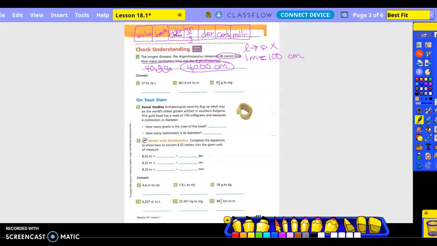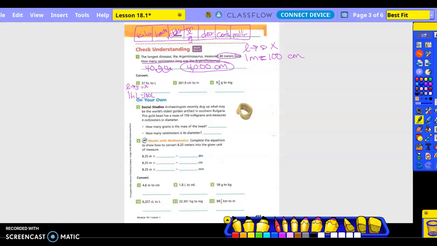So we're going larger to smaller, which means we need to multiply. So 1 hectoliter equals what? How many spots are these apart, guys? They're 2 spots apart, so that's a 1 with 2 zeros equals 100 liters.